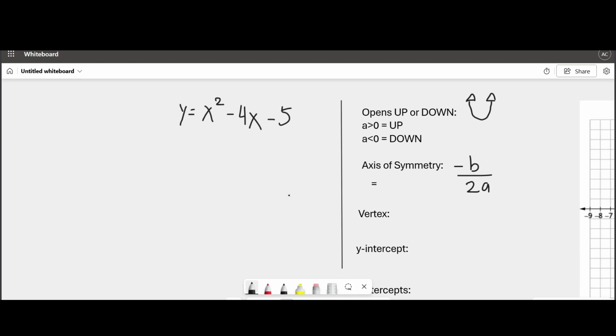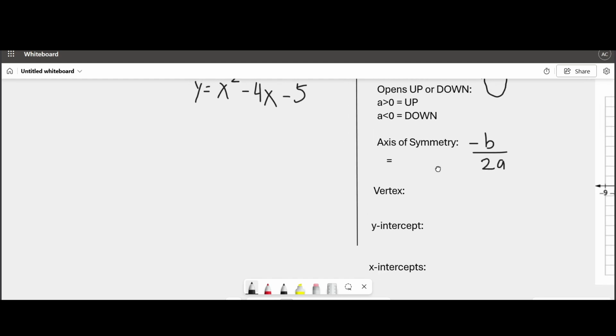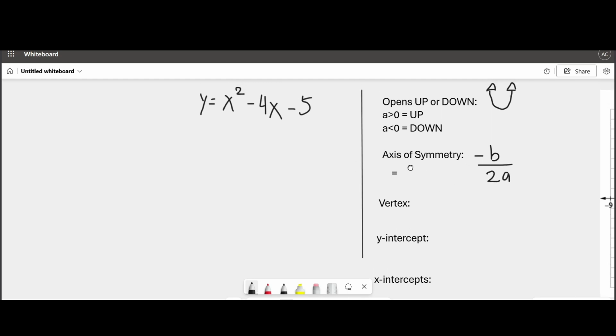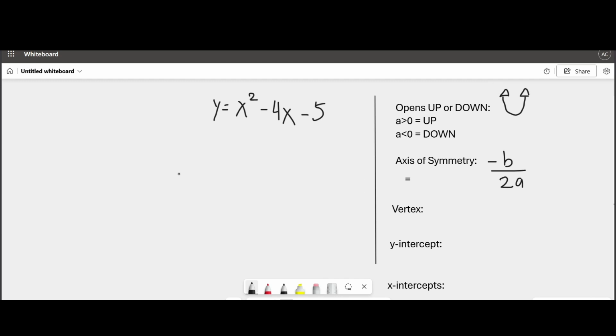After we figure out if the parabola opens up or down, we have to find the axis of symmetry. This is going to be very simple. All you need to do is use this formula. That's a constant formula. So we have to figure out the variables first. What is b in this quadratic function?